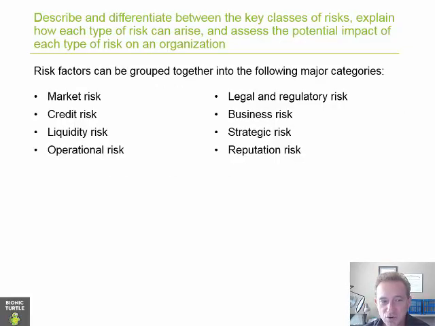Okay, so moving on to the final section of this reading then, there's a mouthful here of asking us to describe and differentiate between the key classes of risk, explain how each type of risk can arise, and assess the potential impact of each type of risk on an organization. What I will say first is that this is just the typology that's illustrated by these authors.